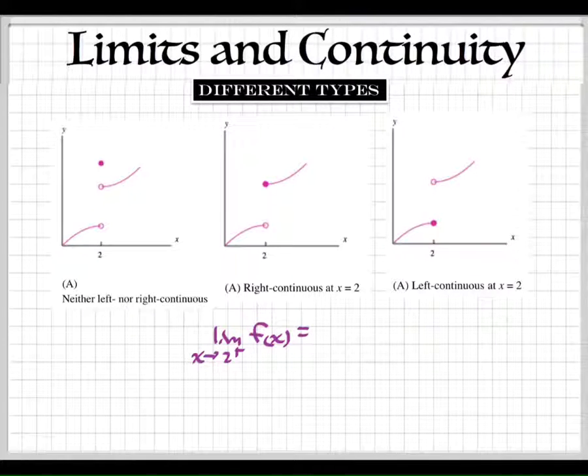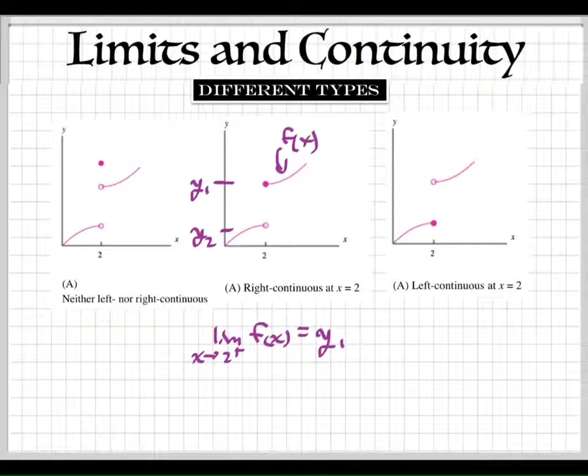If I'm approaching 2 from the left, I would get a y value, we'll call it y sub 1. We'll call this one y sub 2. As I'm approaching 2 from the right-hand side, which is plus, I get y sub 1.